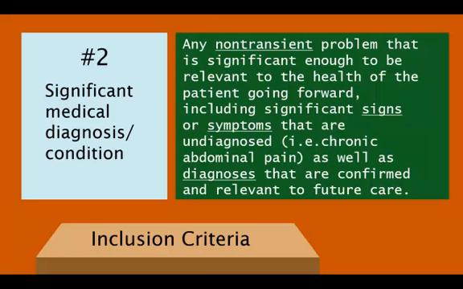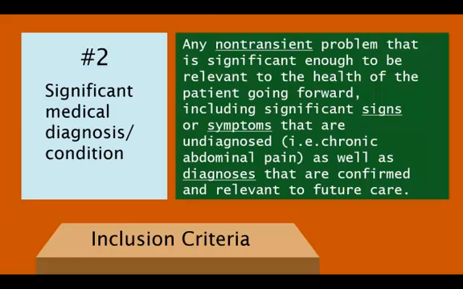Non-transient problems that are significant enough to be relevant to the health of the patient going forward, including signs or symptoms that are undiagnosed, as well as diagnoses that are confirmed and relevant to future care. So this is your patients who have been previously diagnosed by their medical doctor as having diabetes or asthma. Those are significant problems because they're going to be relevant to the health of the patient going forward. They need to be in the problem list.